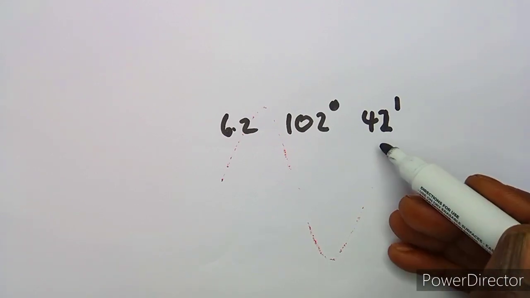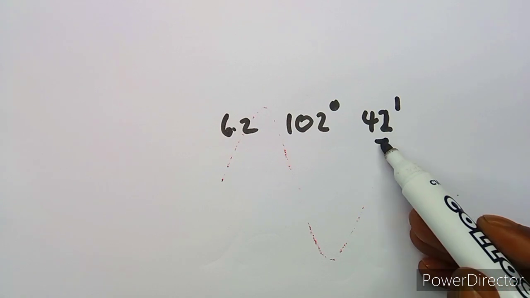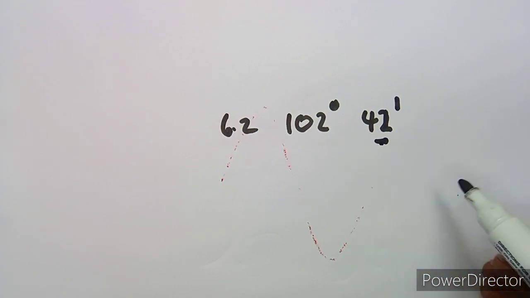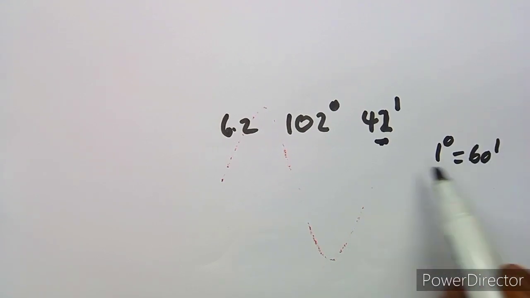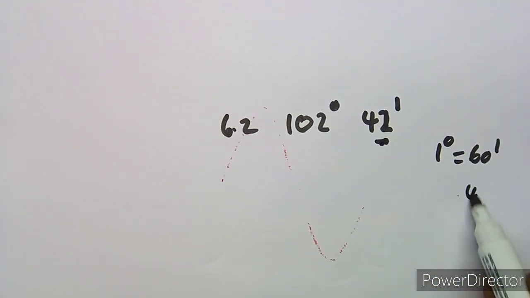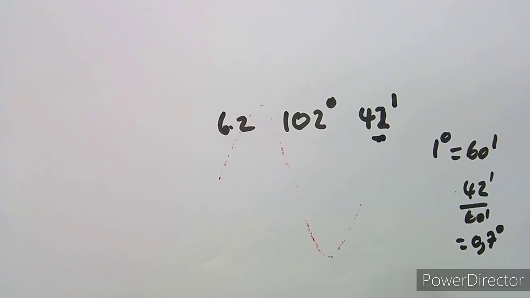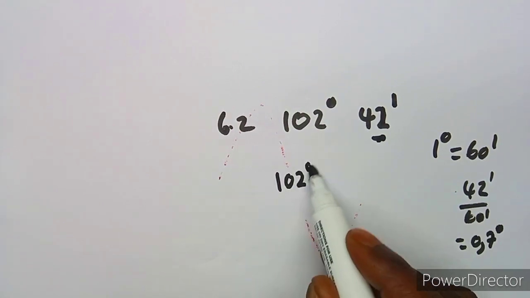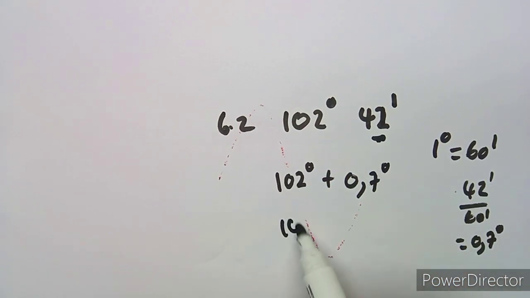So we have to convert this first to degrees. We know that 1 degree is equal to 60 minutes. So we divide 42 minutes by 60, which gives us 0.7 degrees. So 102 degrees plus 0.7 degrees gives us 102.7 degrees.